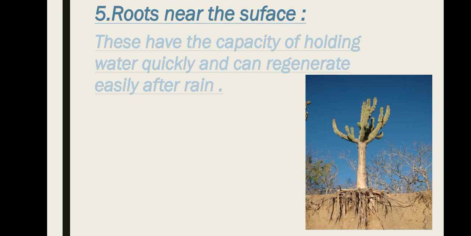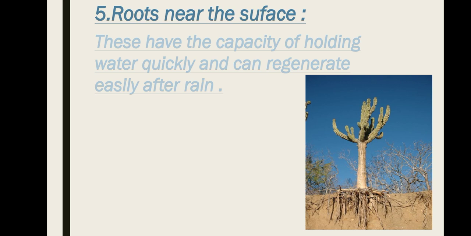The last morphological feature of xeric plants is they have roots near their surface, as these roots have water holding capacity and they can regenerate easily after rain. As we know, the whole purpose of all these morphological features is to prevent excess loss of water and conserve water as much as possible inside the plant.